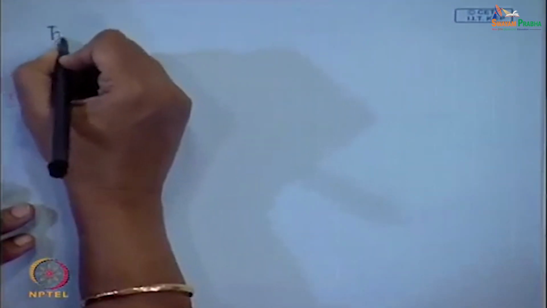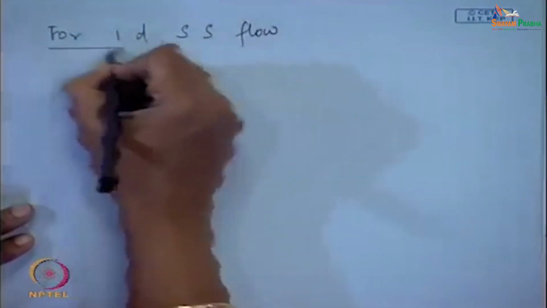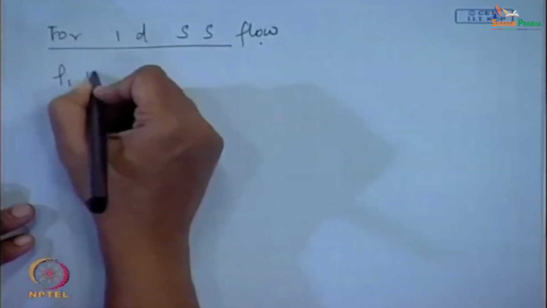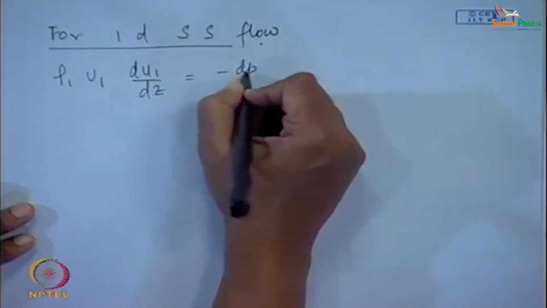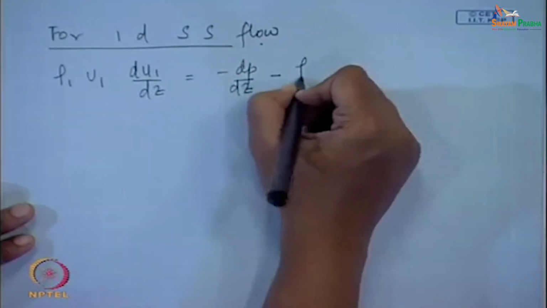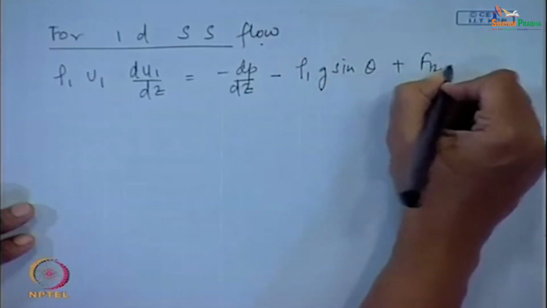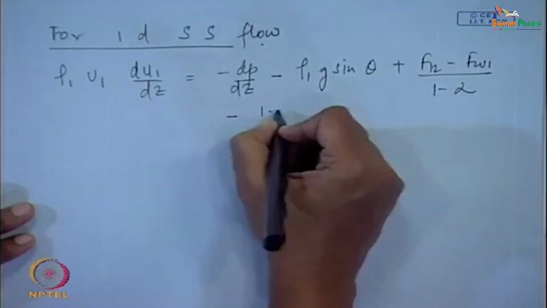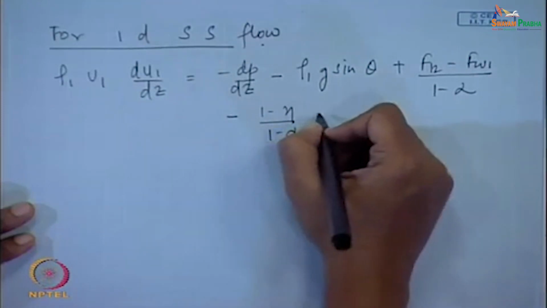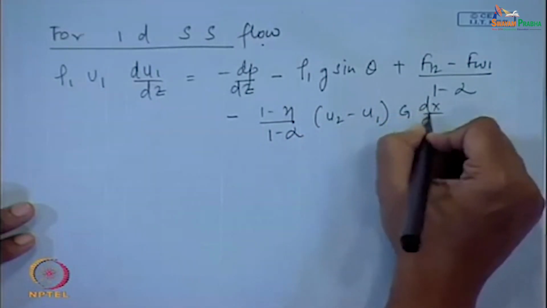The final expressions we get for one dimensional steady state flow are rho 1 u1 du1 dz, there is no delta here, equals minus dp dz minus rho 1 g sin theta plus F12 minus Fw1 by 1 minus alpha minus 1 minus eta by 1 minus alpha into u2 minus u1 g dx dz.